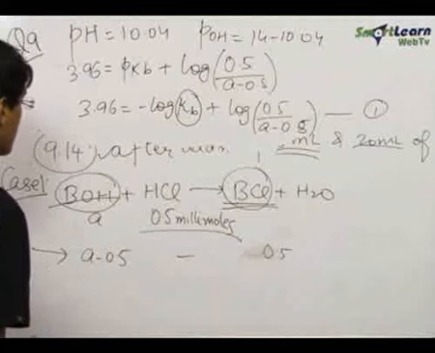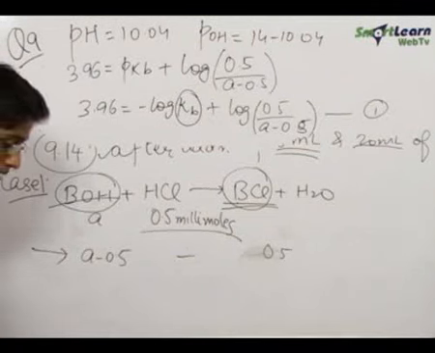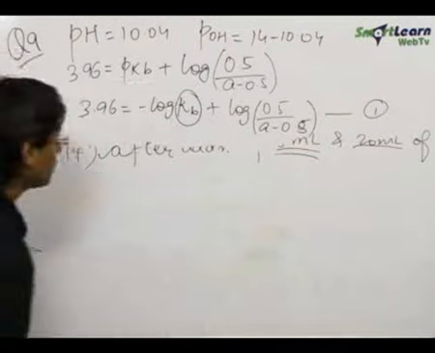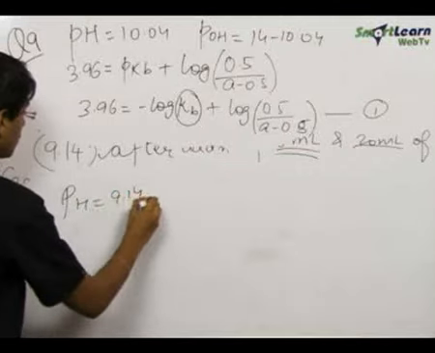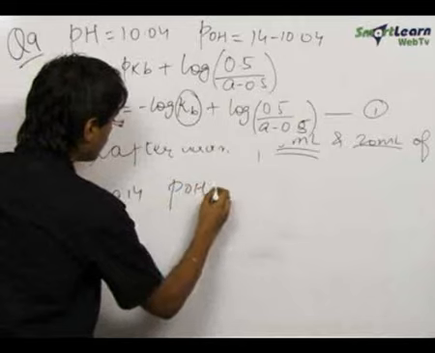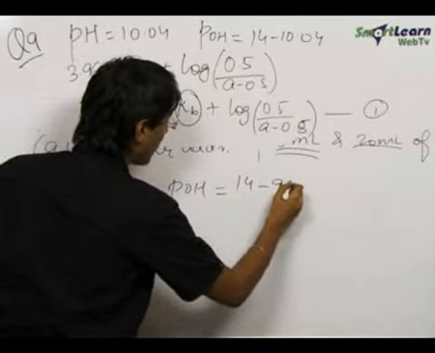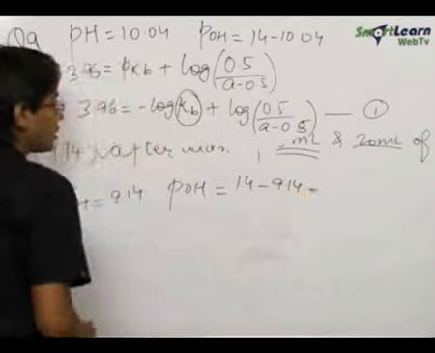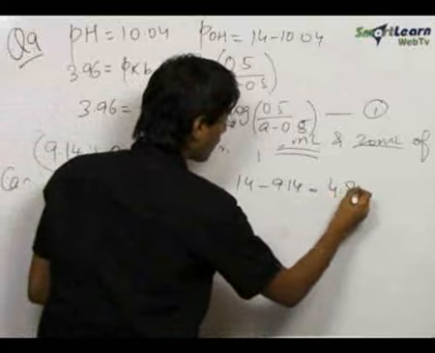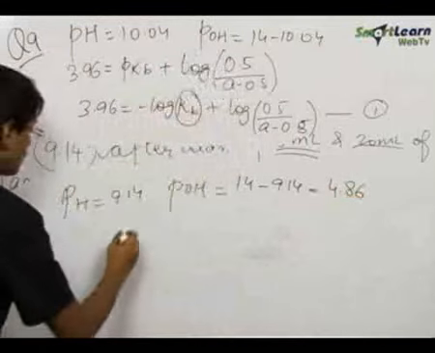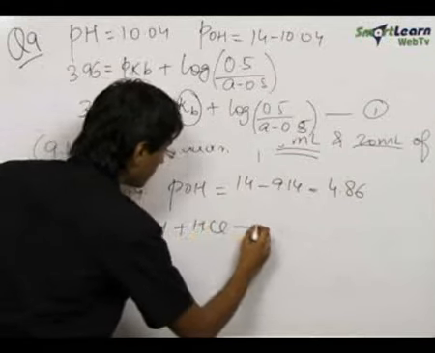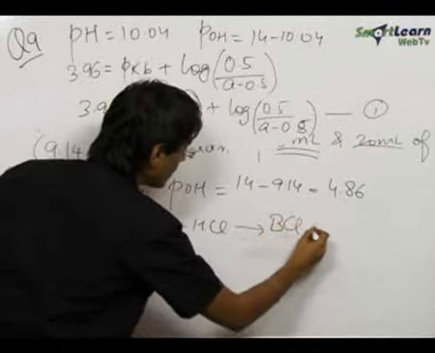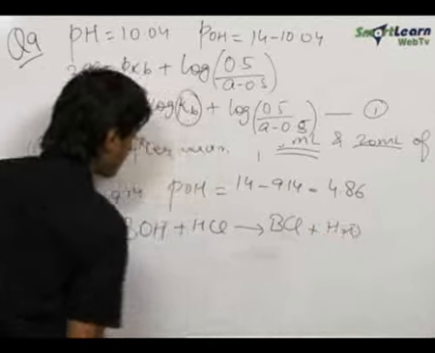And for our second equation, we have over here the pH given to be equal to 9.14. So the pOH will be equal to 14 minus 9.14, which is equal to 4.86. The reaction goes as follows: BOH plus HCl becomes BCl plus H2O.